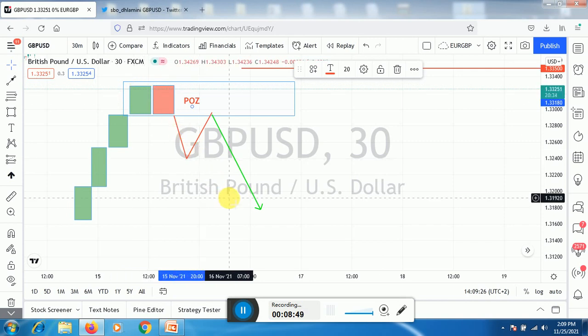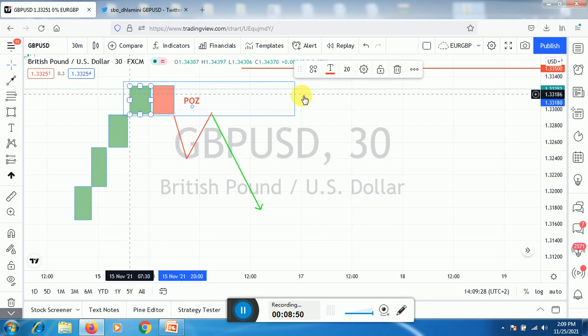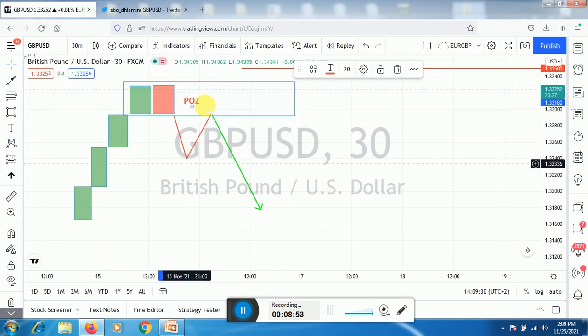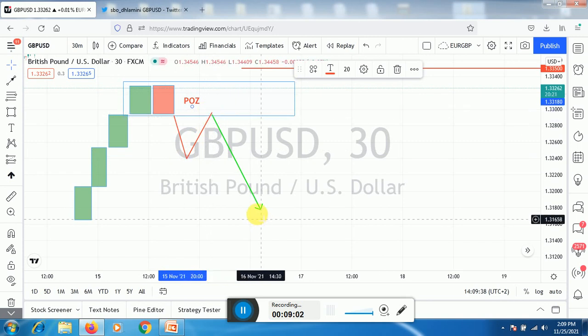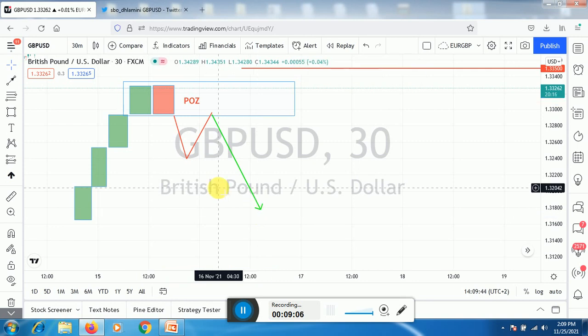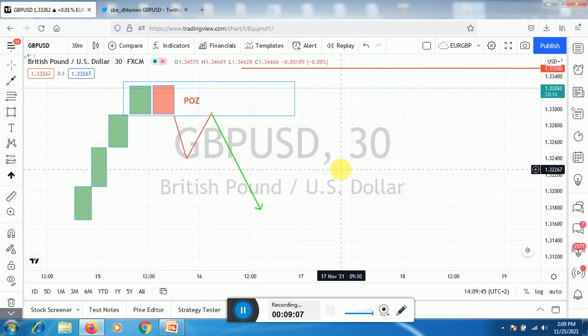So all of this zone is an order block now. Whenever the market comes back to this level, the market will get rejected and then start moving lower. So I guess this is just a simple, straightforward definition of a bullish order block that creates a bearish signal.